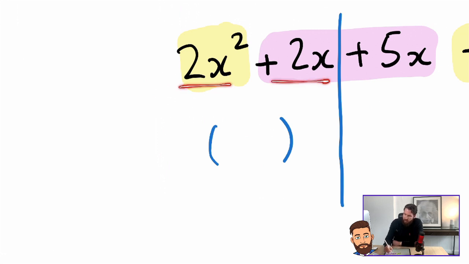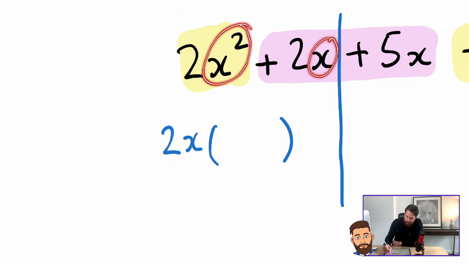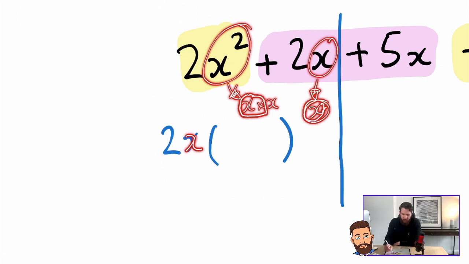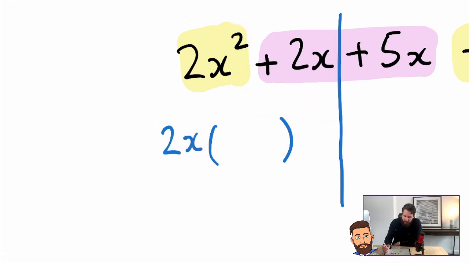We've got 2x squared plus 2x. What goes into both of those? Well, definitely a 2 is a factor, and also an x, because this has got an x squared and this has got an x. Remember, x squared is x times x. What's the most amount of x's I can take out? Well, just 1, because this has got 2, but this one's only got 1. So the most I could take out of both is 1. So I can factor out 2x.